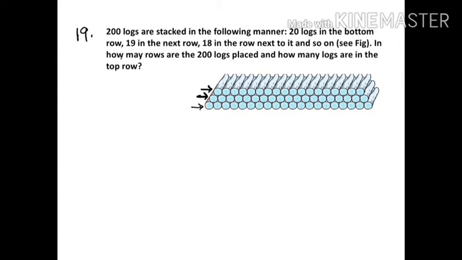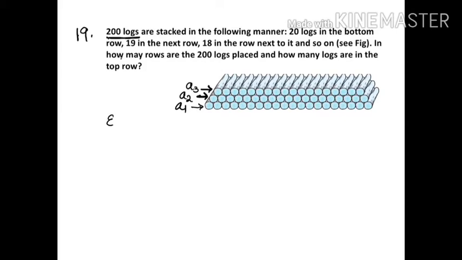This complete stack of logs contains 200 logs. So to find the AP in this question, let's take the number of logs in the bottommost row as the first term, a1, the number of logs in the second row as the second term, and the number of logs in the third row as the third term.